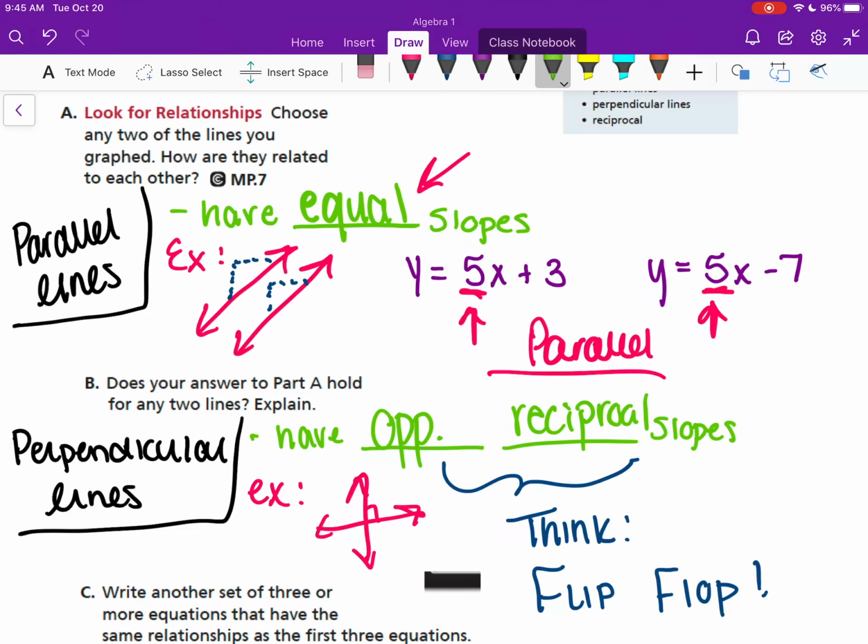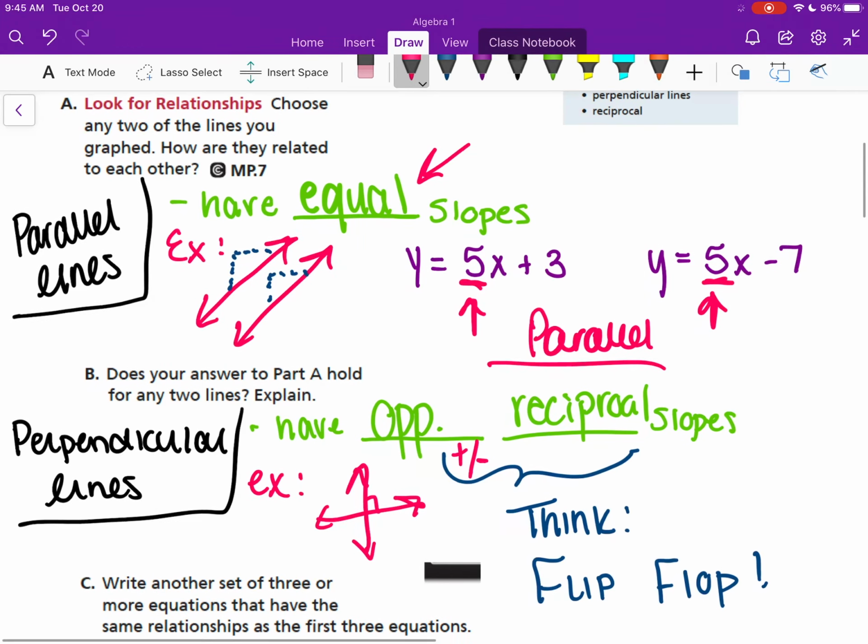Opposite means opposite sign, so like plus or minus, one's positive and one's negative. Reciprocal means that their fractions are flipped. So the way we can think about this is a flip-flop. We've got to flip the sign, flop the fraction. There's 2 parts that make them completely opposite reciprocals.